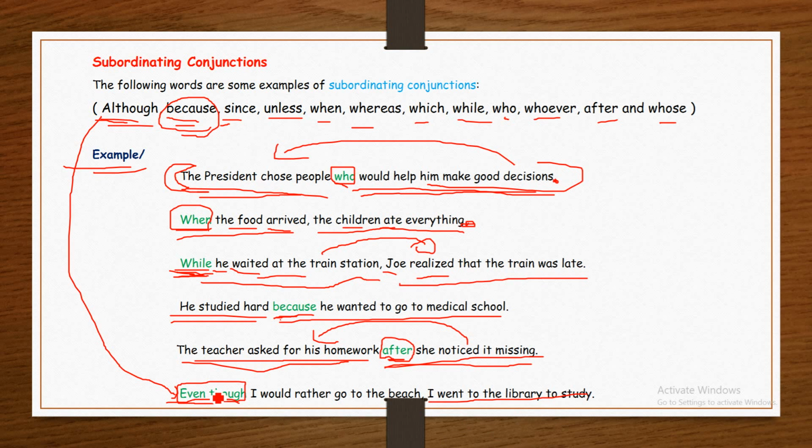And we know the clause that contains a subordinating conjunction is called a dependent clause. And the clause that does not contain a subordinating conjunction is called an independent clause. Both the dependent and the independent clause form a complex sentence.